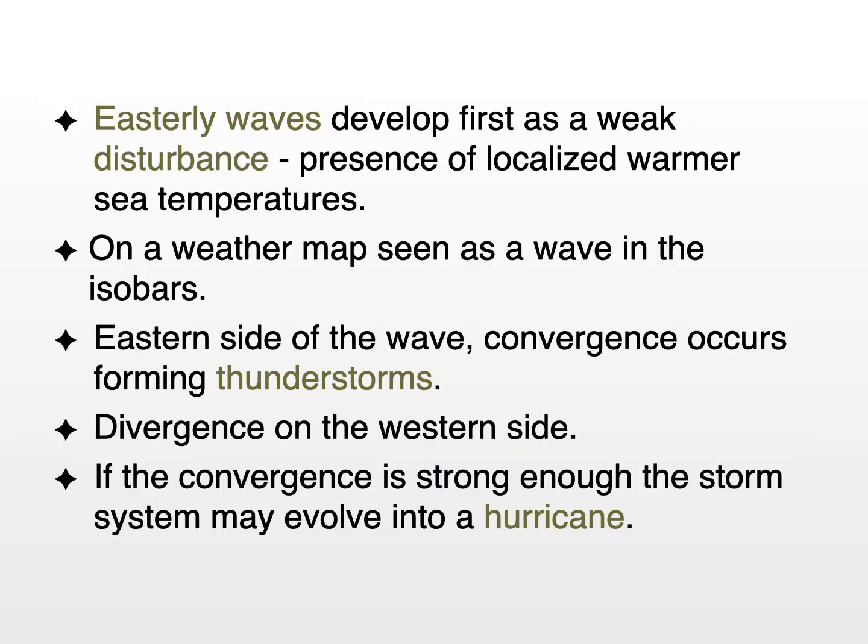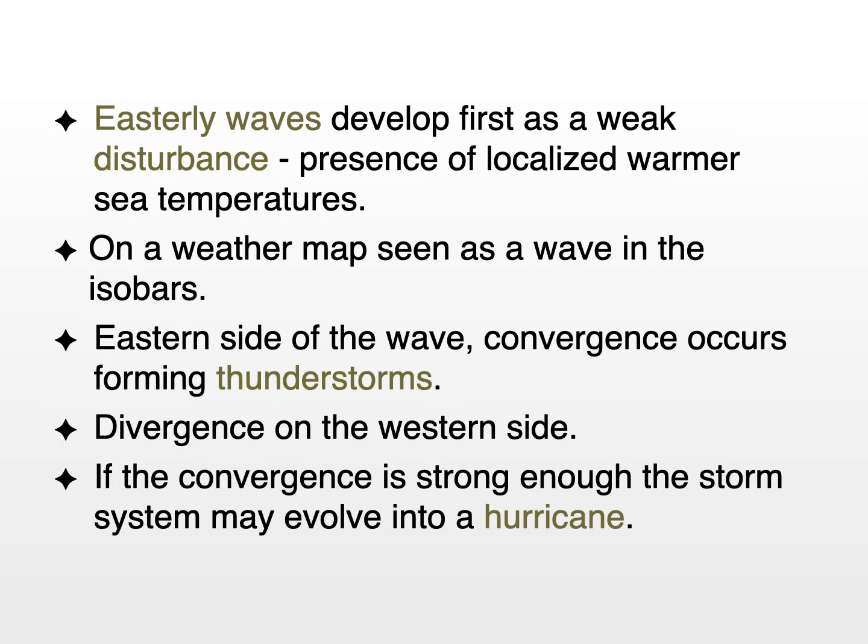So let's talk more about these easterly waves. They're essentially associated with the intertropical convergence zone. It's sort of a late summer, early fall location. You can spot these easterly waves on a weather map. They appear as a bend in the isobars.